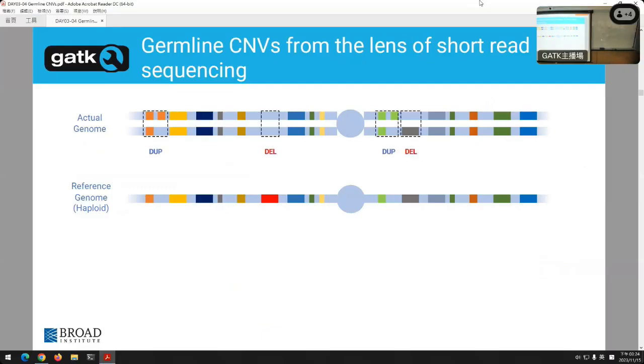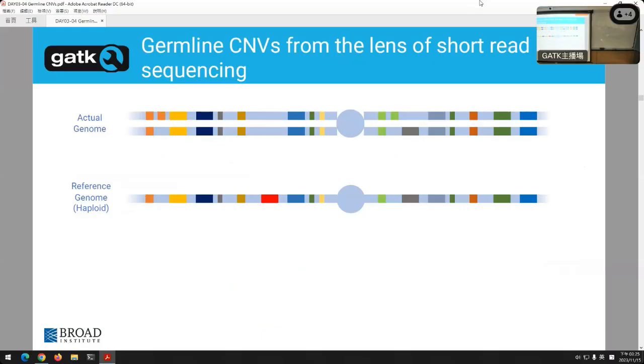And you can see that there are some copy number variants in the sample genome. So there's a heterozygous duplication in orange. There's a homozygous deletion of the red region. There's another heterozygous duplication. And then there's a heterozygous deletion of the gray region.